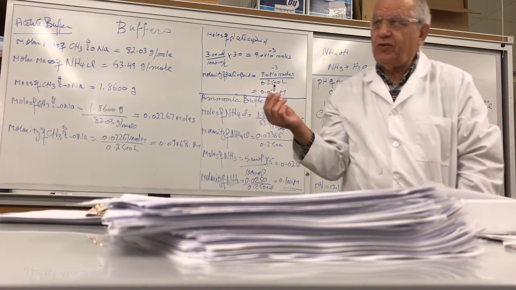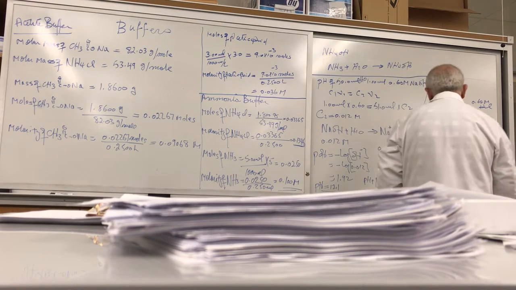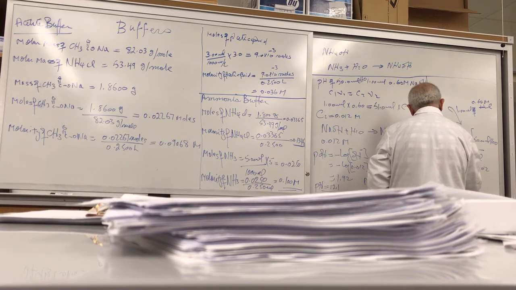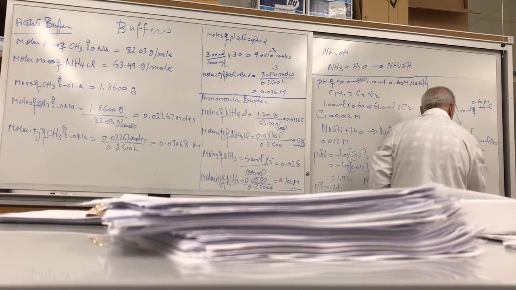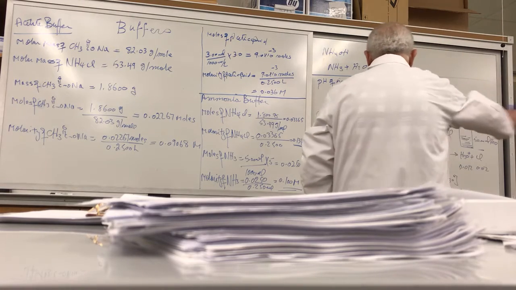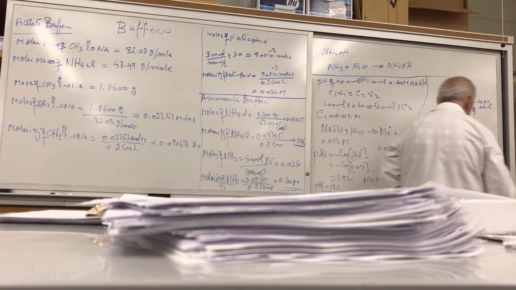Okay, so this is an acid, so we go straight directly. pH equals minus log hydronium ion concentration, equals minus log 0.012, and equals the number we have somewhere here, 1.92.